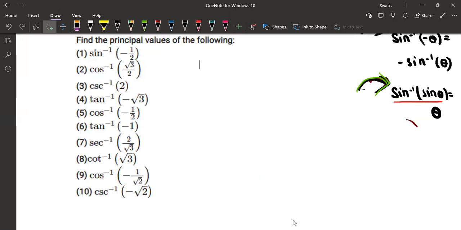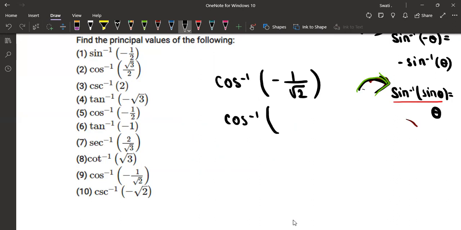And the next question is cos inverse negative 1 upon root 2. So this is cos inverse negative 1 by root 2. Now this will become cos inverse as it is. Again, you know that we cannot take this minus outside because that is not the rule in case of cos. So we will just write this as it is. But again, I know here that for what value of cos is the value negative 1 upon root 2?